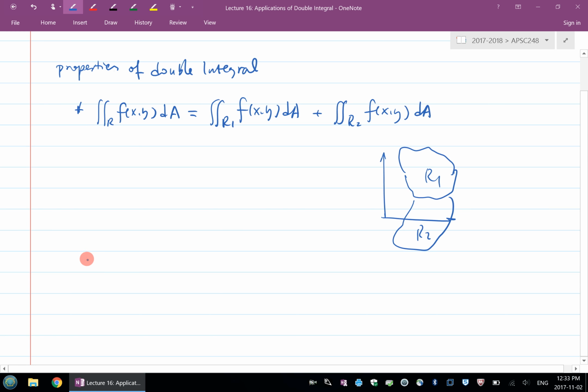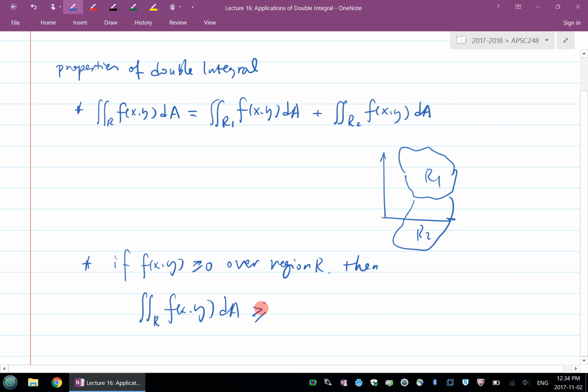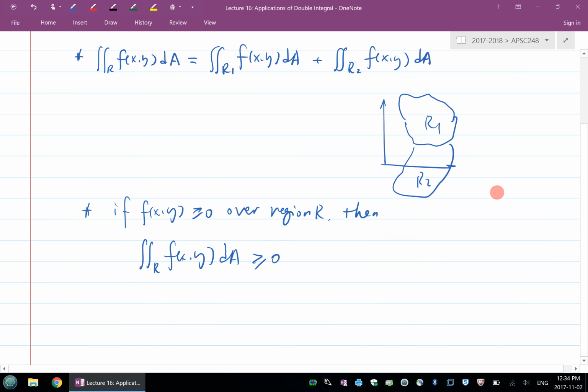Another property I might as well mention here is that if your function f of x, y is greater than 0 over this region R, then the double integral is guaranteed to be greater than or equal to 0. This is actually quite a natural property.